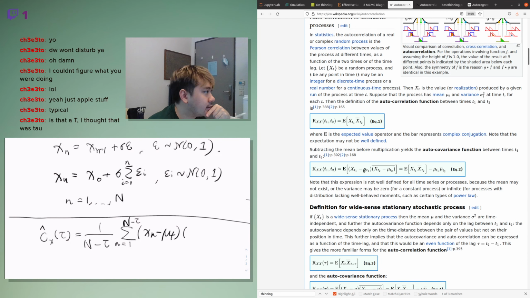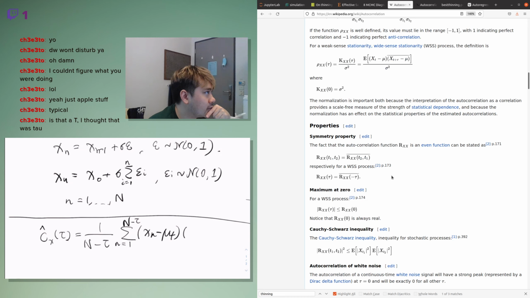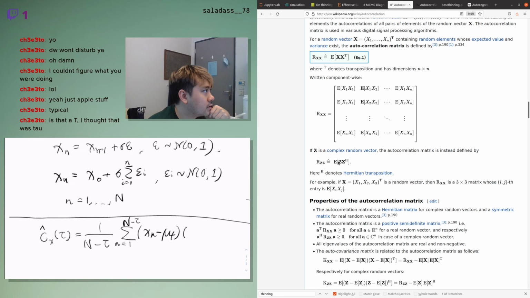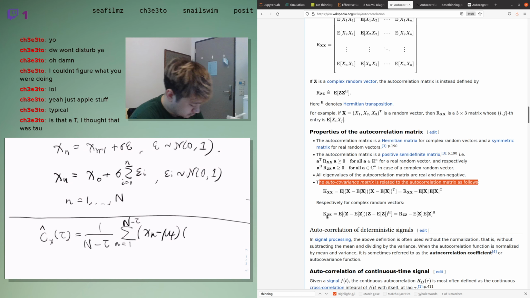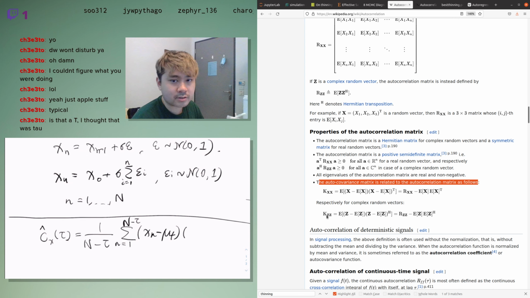So I could just take this. It's just the expectation of the off-diagonal terms. Let me try to wrap my head around this a little bit. Okay, I think it's the same thing in the end.